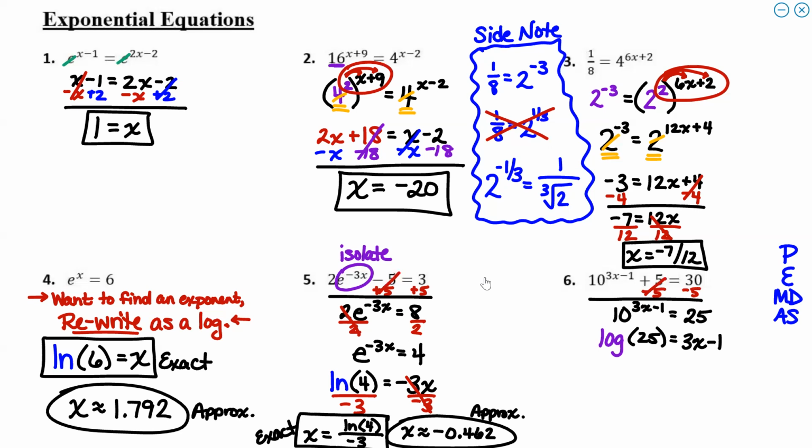So I would have log of 14 over log of 4 minus 3 equals 2x. And then what to isolate x? Divide that entire horrible expression by 2. So x equals log of 14 over log of 4 minus 3 divided by 2. There's my exact solution.